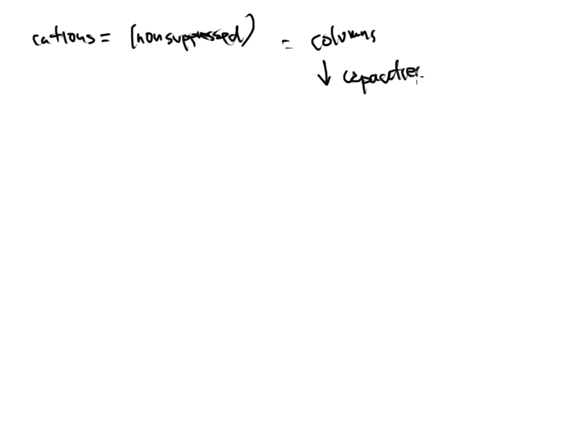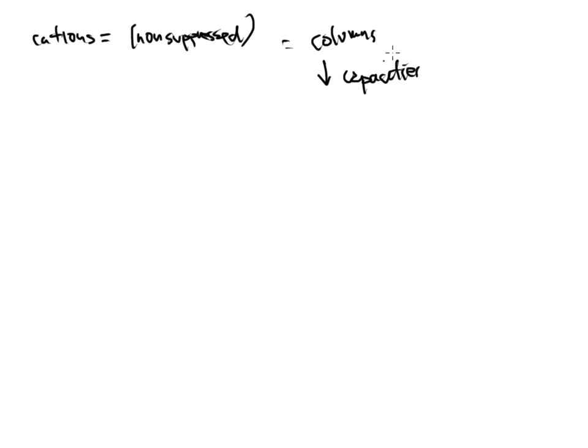We talked about anions and cations, right? So as far as cations go, cations are really non-suppressed. Remember, we can have anions that are non-suppressed as well. It's not common, but we can use them. But anything that does not require a suppressor, these general run-of-the-mill columns, have low capacities. So if you're injecting cations and you're looking at positive pieces that come through, you have more of a danger of saturating those vacancies in that particular type of column, and these cations will zoom right through and out the other end.